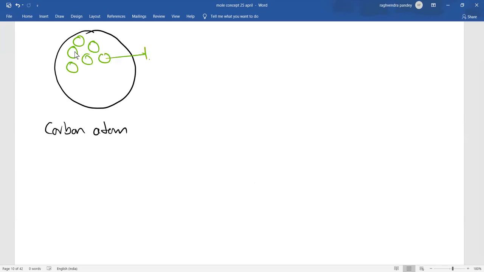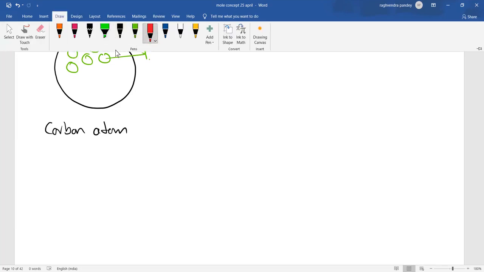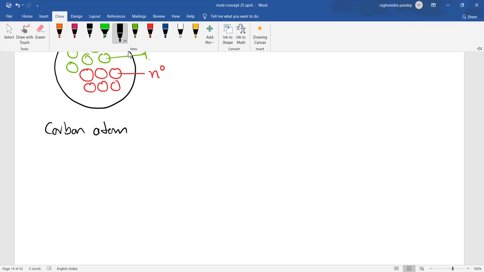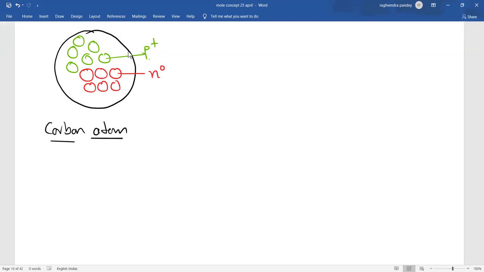Protons are written as P positive. And then we have neutrons, and this is your neutron, 0. Neutrons do not have any charge. So this is your carbon atom.